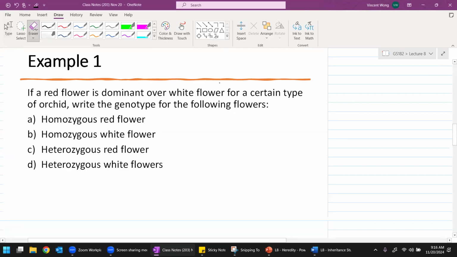And you should write this down in the question when you're doing it on the test. Big R is what color? Red. And then what should I use for white color? I heard W, okay? Remember, do not use different letters for the dominant and recessive. That's how you get it wrong on the test. Okay? Always use the same.